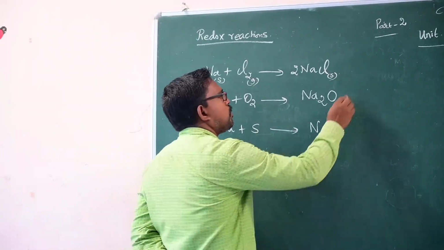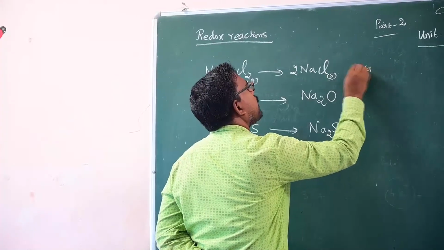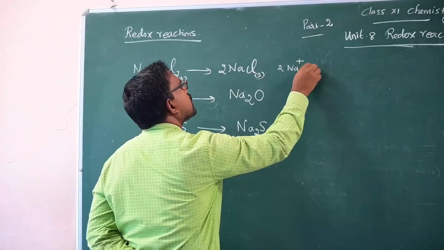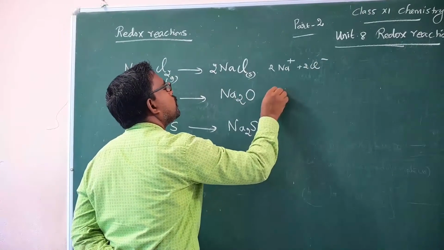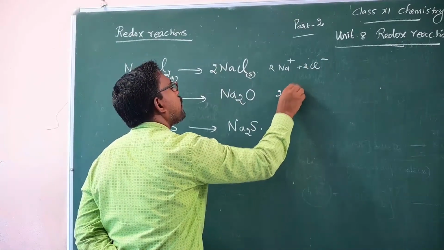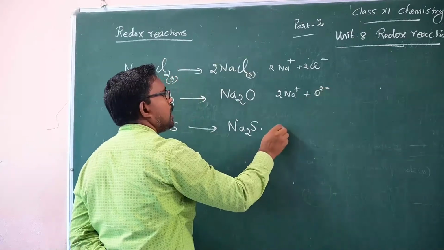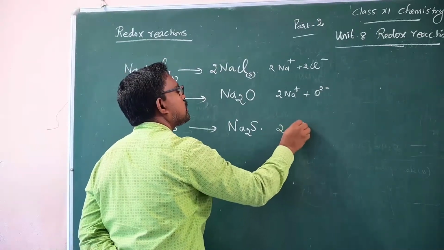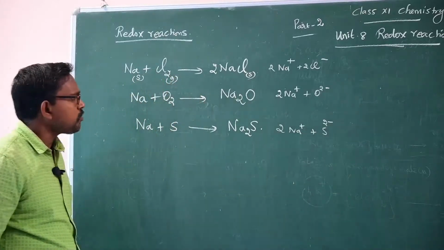In these compounds, ions are formed like this: 2 Na+ and 2 Cl-, here 2 Na+ and O2-, here 2 Na+ as well as S2-.